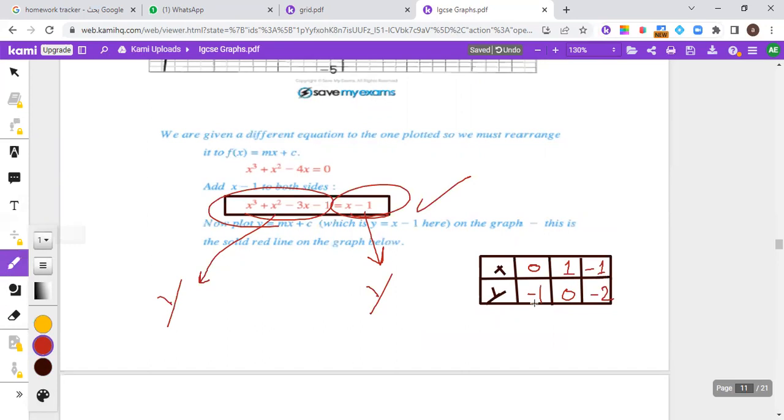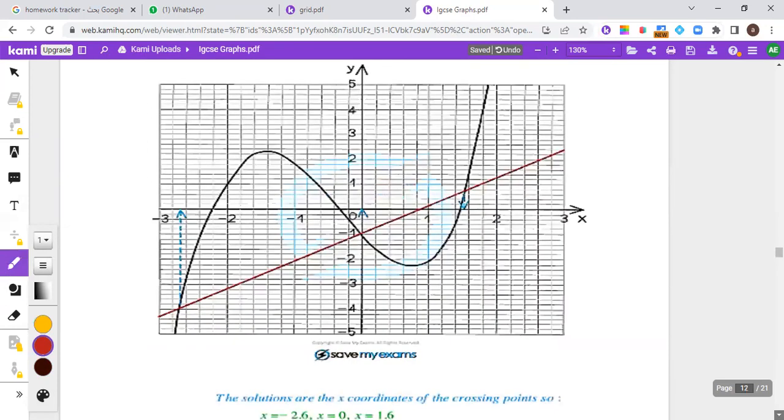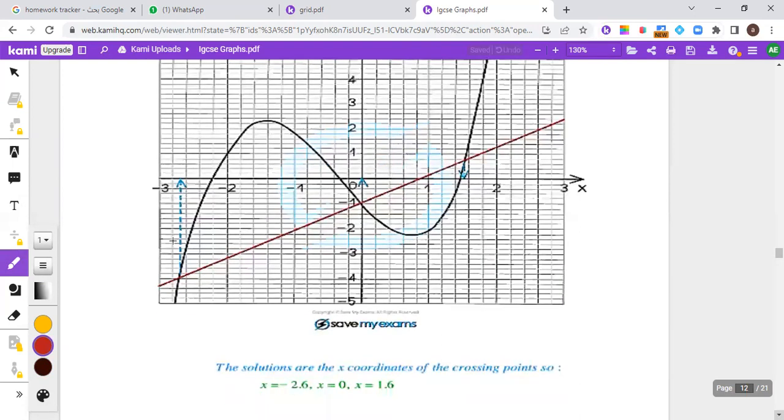Okay? After the line, you find the intersection points here, and here, and here. The intersection points. Okay, guys?